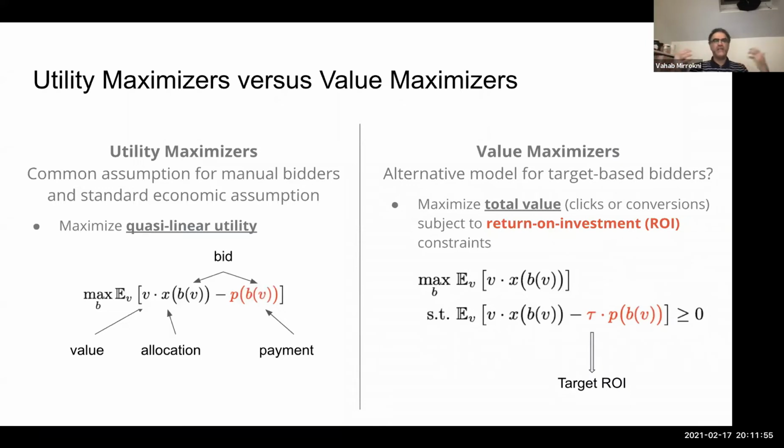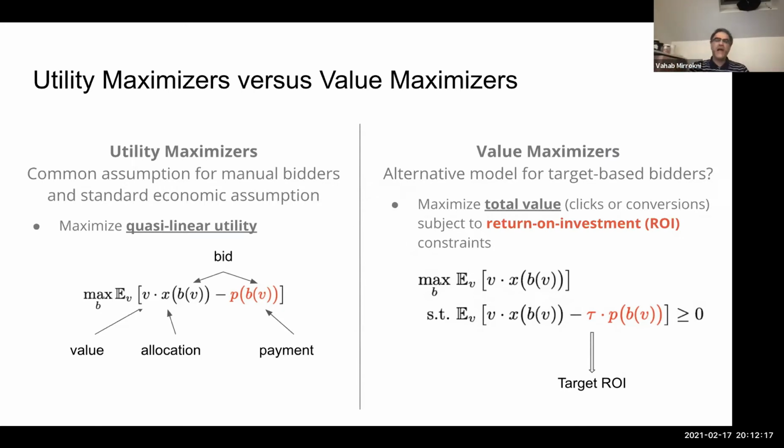There is the traditional economics model that we call utility maximizers. These are advertisers or buyers who want to maximize the quasi-linear utility function. They have a value from getting the impression, the object, and they have to pay something. So the quasi-linear, the value minus bid is their utility.